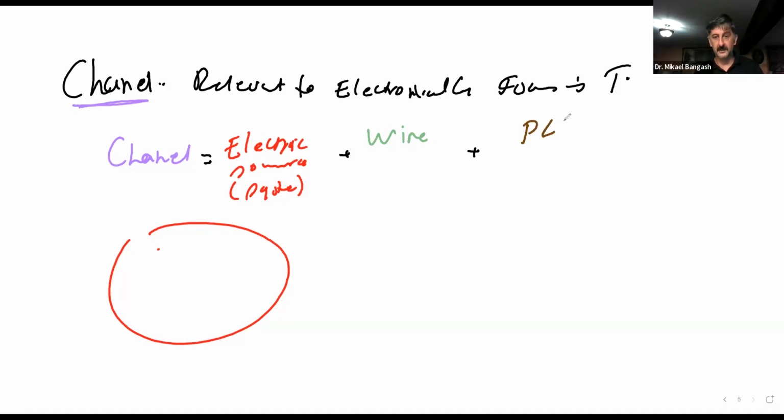So that's going to be your PZT, which we also will call the active element, or we will also refer to as a crystal. But this whole thing here actually makes up a channel. So what do we have? Electrical source. Electrical source will transmit its electrical signal through wire, and that wire is going to be attached to a PZT.